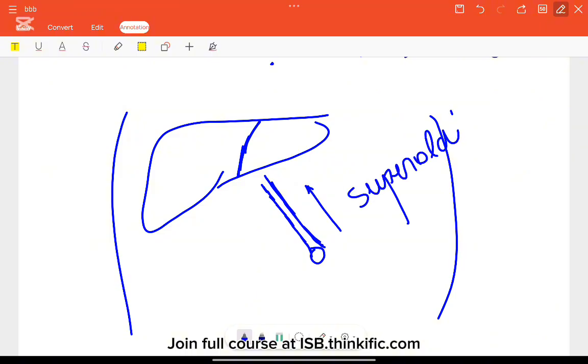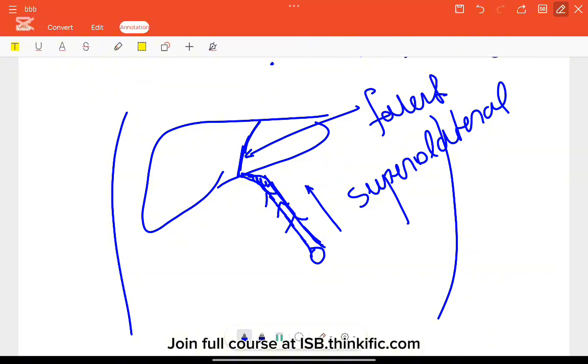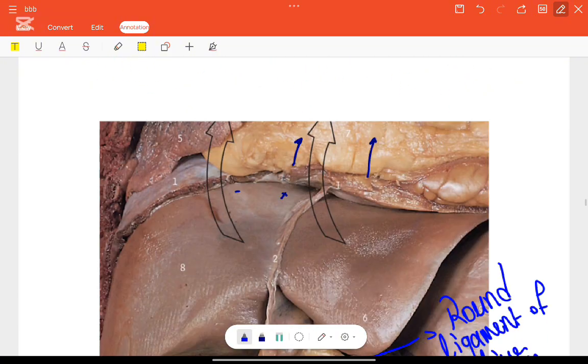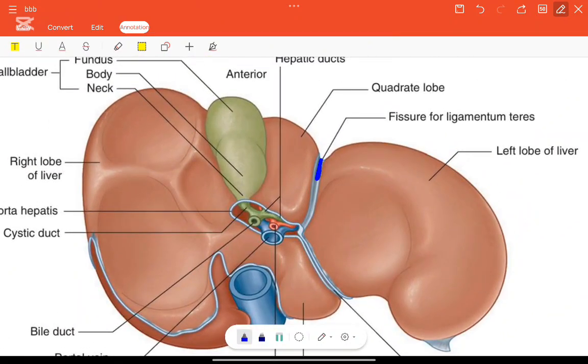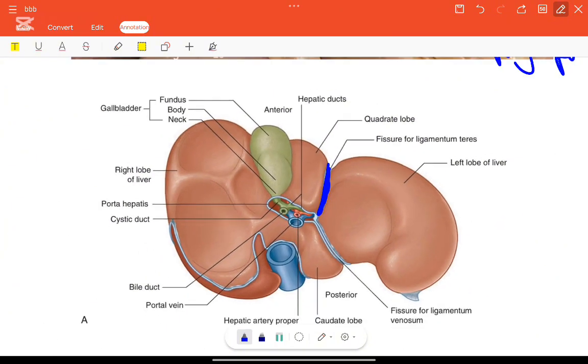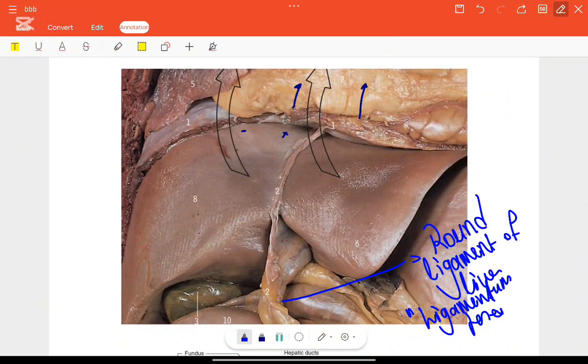They love to ask about that, okay? And then it ends at the base of the falciform ligament, and then it continues on the undersurface of the liver, grooving it in this way, right here, and it forms the fissure for the ligamentum teres. Okay, that's two ligaments out of the way, the falciform ligament and the ligamentum teres.